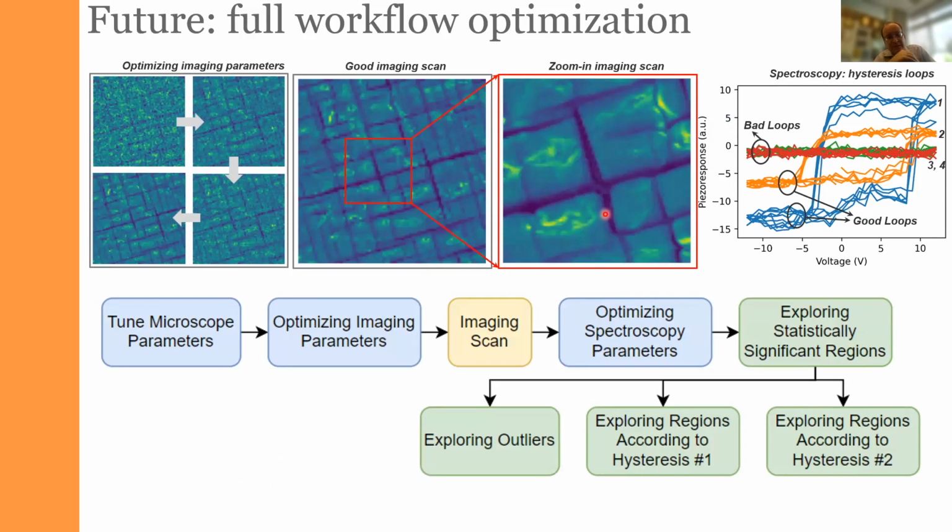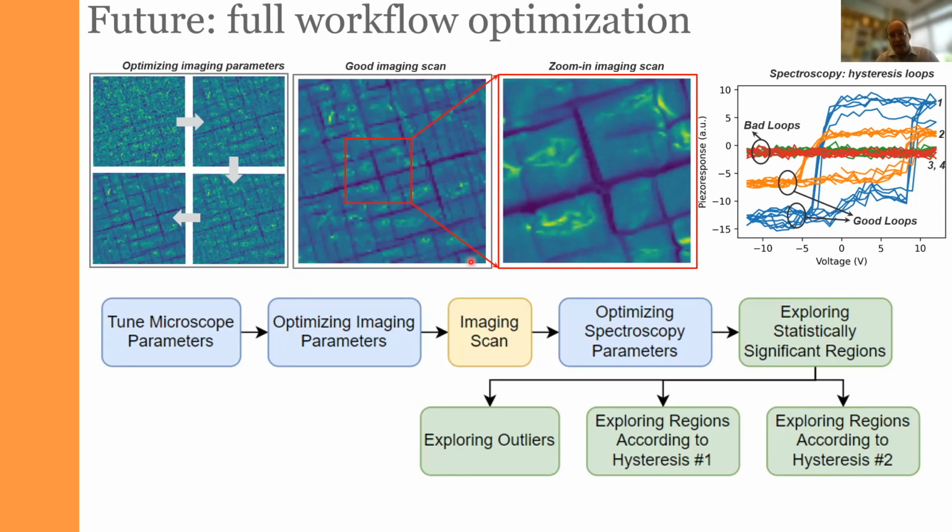Obviously Bayesian optimization or myopic workflows are a very narrow class of workflows, and by virtue of it being a very narrow class, it makes sense to look at the broader workflow. So imagine that rather than trying to learn the structure-property relationship, I'm trying to do something much more general. I try to optimize imaging parameters.